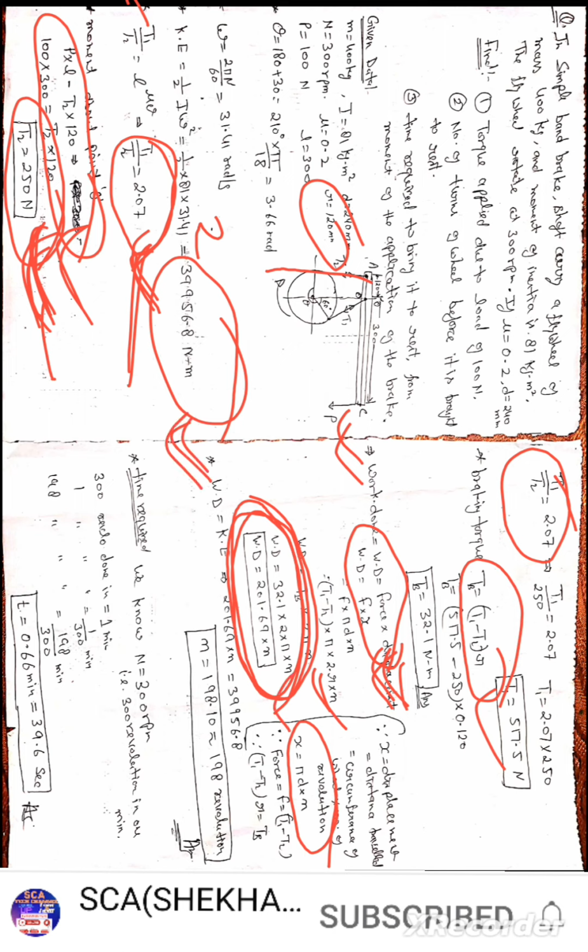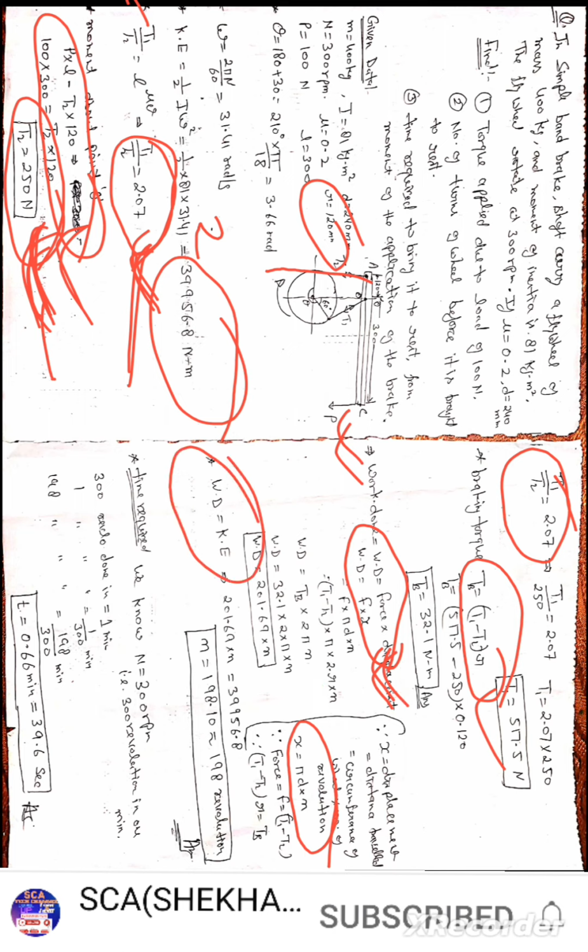Here we know the work done and here we know the kinetic energy. So 201.69 into n is equal to 39956.8.